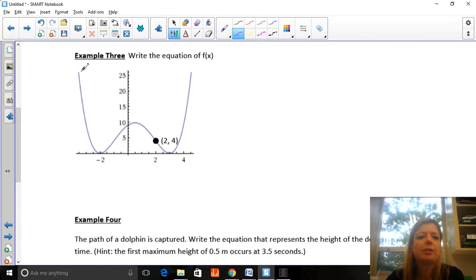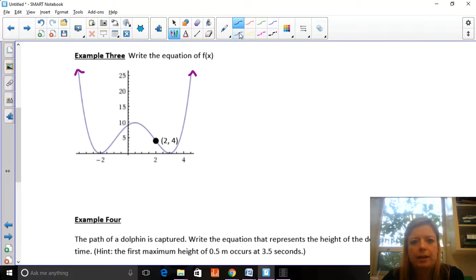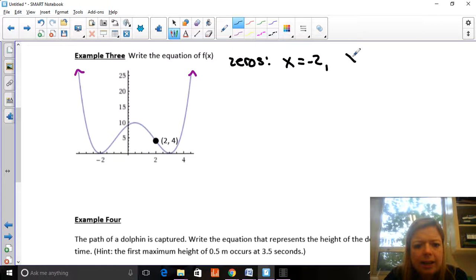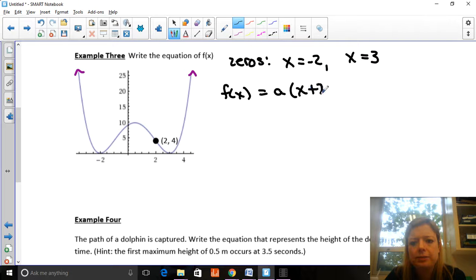Here's an example. Notice that this looks like it could possibly be a quartic. It could be something to the power 6. But anyways, we notice that our zeros are x equals -2 and x equals 3. So our function is a, bracket x plus 2.